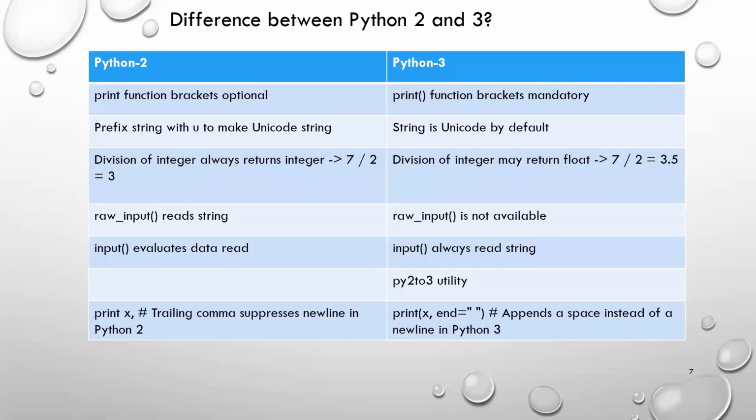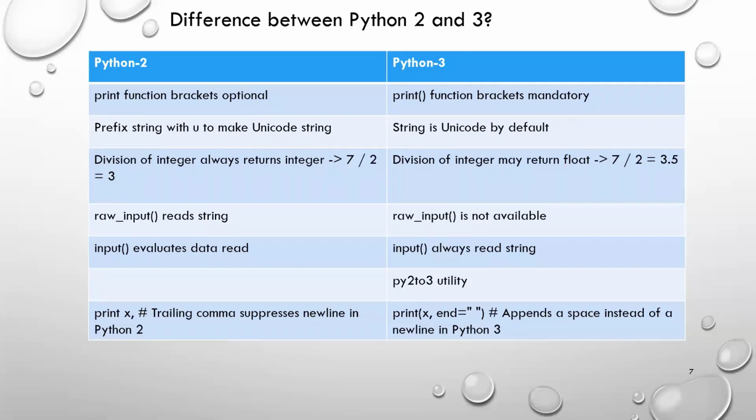Just a brief difference between Python 2 and Python 3. Whenever you install and start writing code on Python in a basic CentOS 7 or Linux system, you will be logging into Python 2.7.